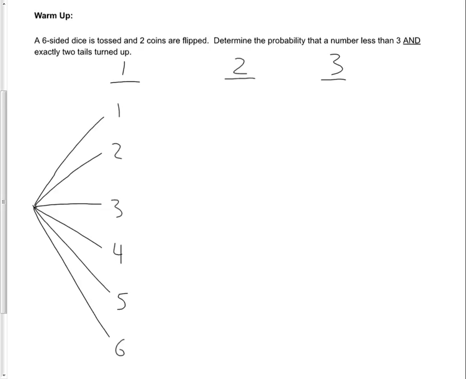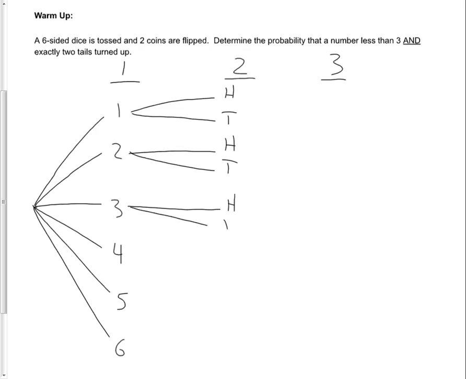So let's say I roll a 1, and then I toss my first coin. I could either get a head or a tail. If I roll a 2, I could get either a head or a tail. If I roll a 3, I could get either a head or a tail. Same thing with 4, 5, 6, etc.